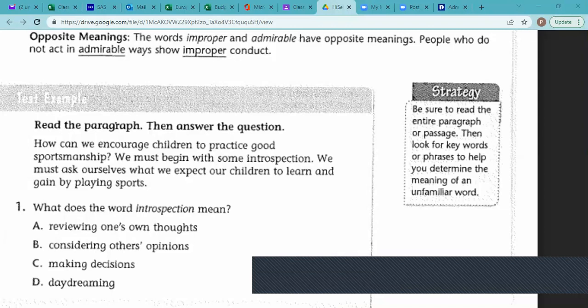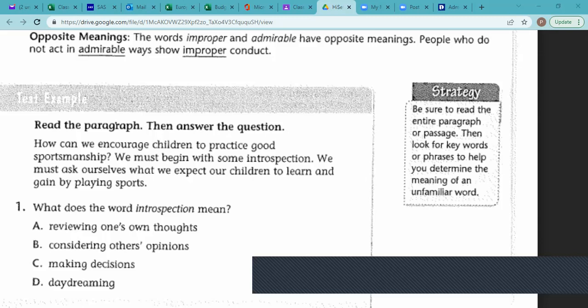We must ask ourselves what we expect our children to learn and gain by playing sports. So again, what does the word introspection mean? So does it mean A, reviewing one's own thoughts, B, considering others' opinions, C, making decisions, or D, daydreaming?